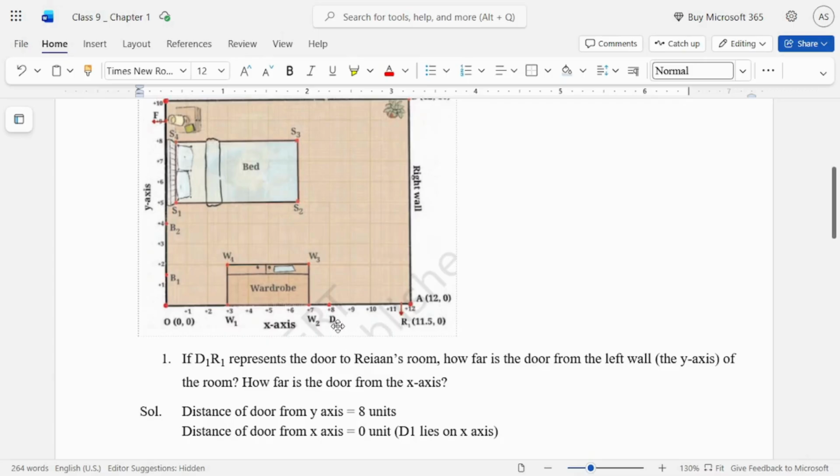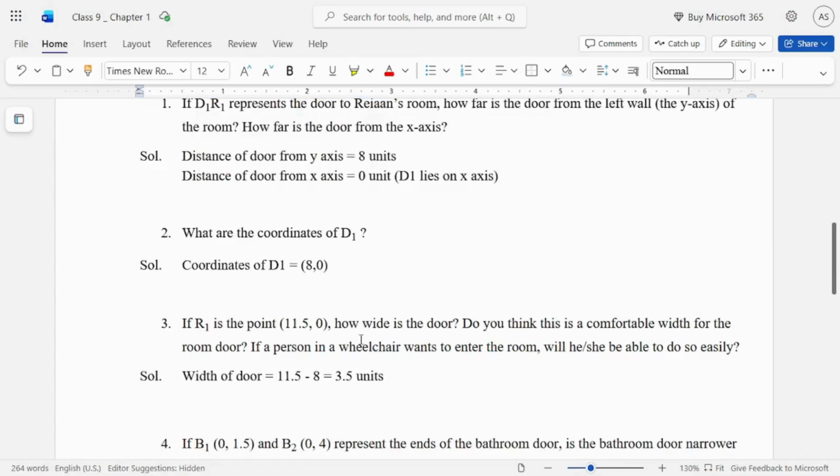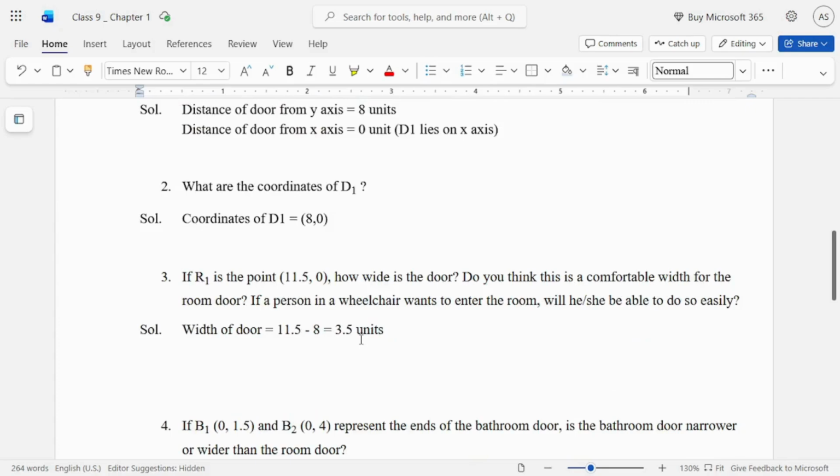So of course the width of this room door is wider than the single bed. So of course this is a comfortable width for room door. Yes, this is a comfortable width for room door.